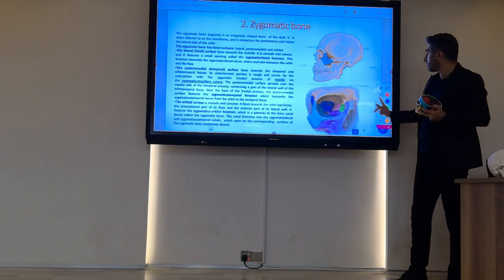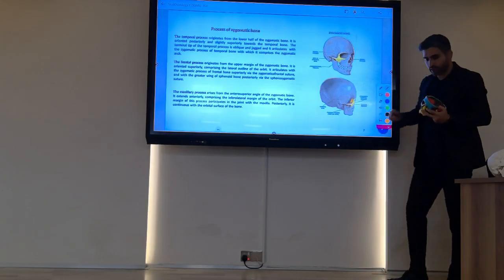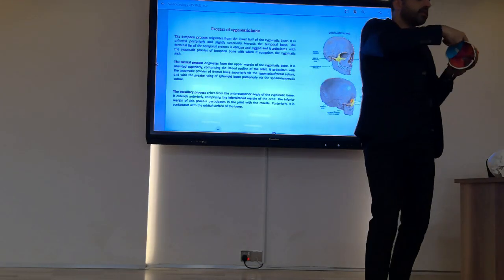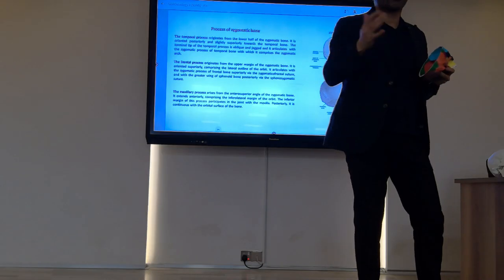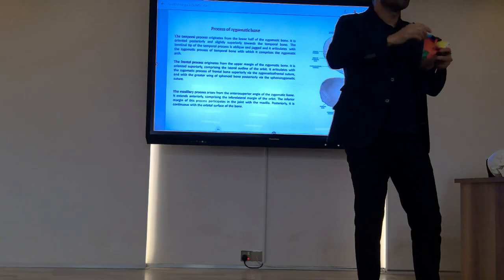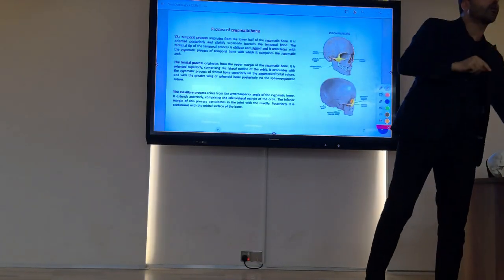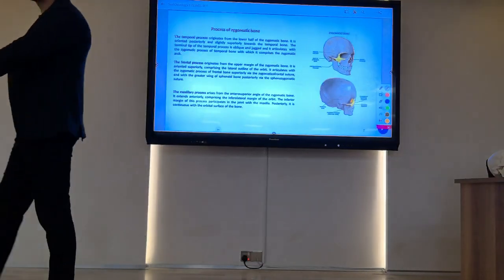And one surface in the back. Yes, this one, this surface. We say temporal surface. It's here, you can see that. So 3 processes and 3 surfaces. Facial surface, orbital surface, temporal surface. In each surface, it has one foramen. The name of the foramen, you should say the name of the surface and the bone.